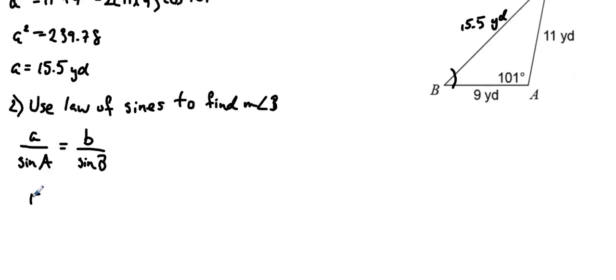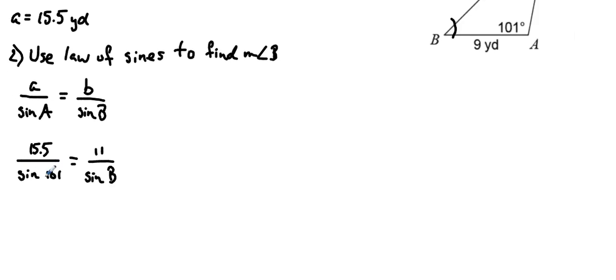Side A is 15.5 over the sine of angle A is 101. Side B is 11 over the sine of B.